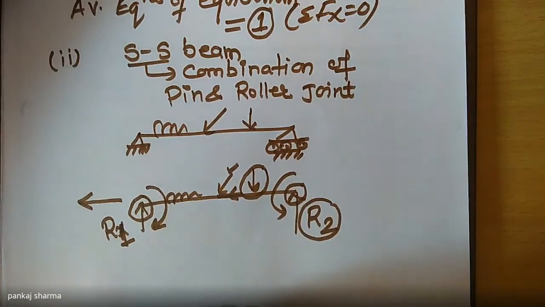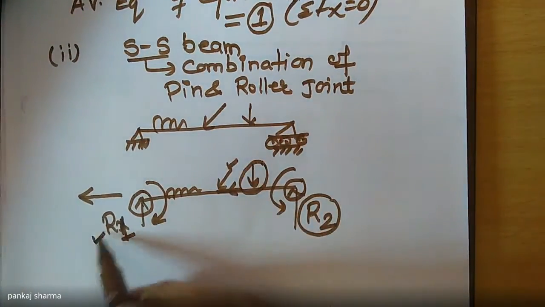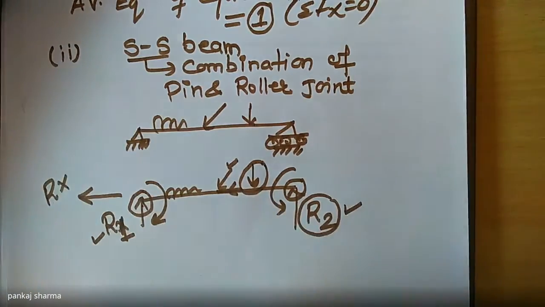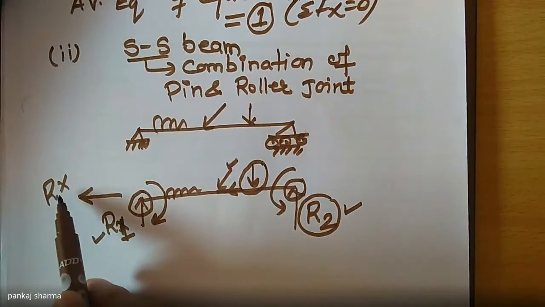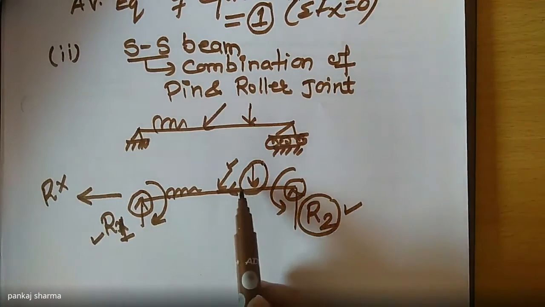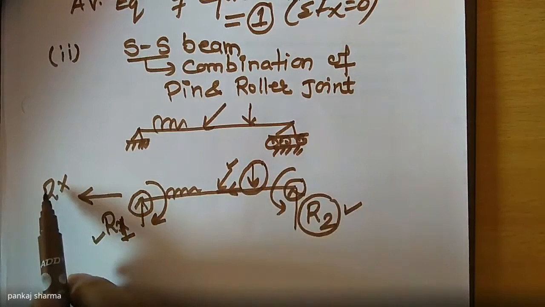Allowed. So in this problem, the unknowns are R1, R2, and simply Rx. It is very important to say Rx is present if the horizontal force is present. If a horizontal external force is acting, a reacting force will be there.